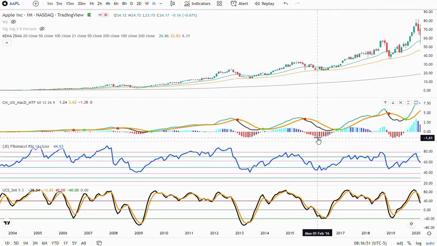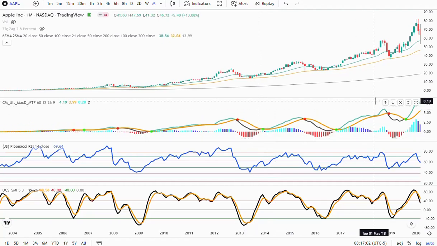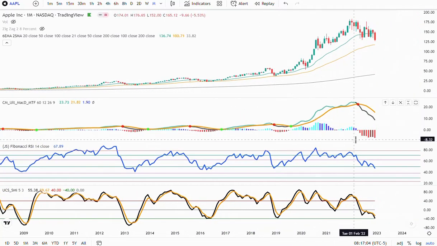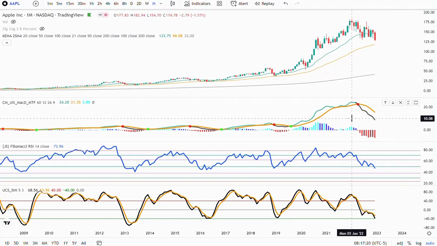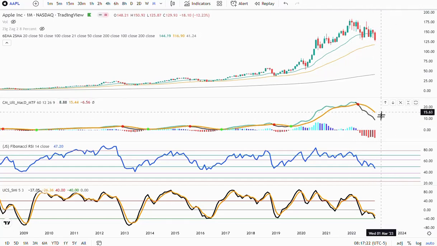You can see right here, this was when it was the widest, and then it took several months, and during that time the bars get smaller and smaller until they go above the zero line. So at the moment, if we assume that the current December was the largest bar, it would take several more months, 5, 6, maybe 7 months before they get to the zero line. So based on that, it would seem like there is still some way to go before we can see a MACD cross.